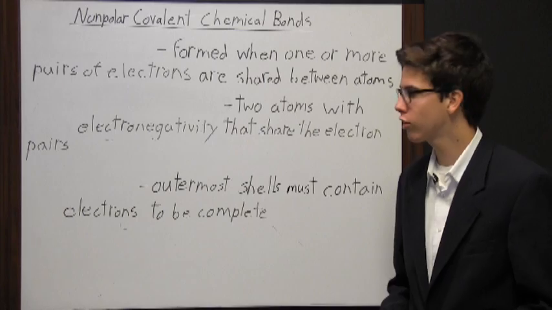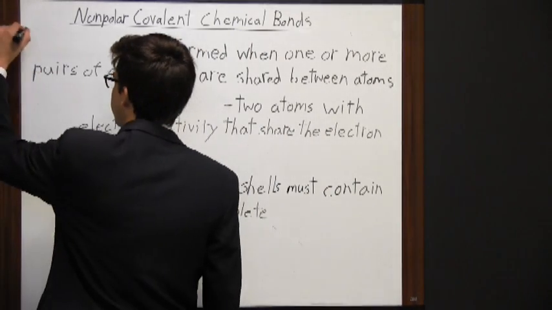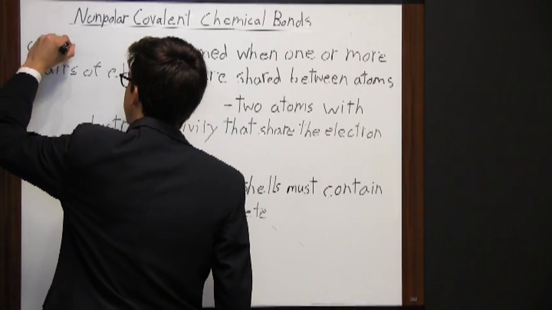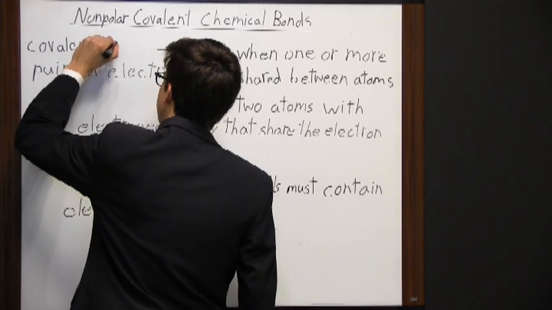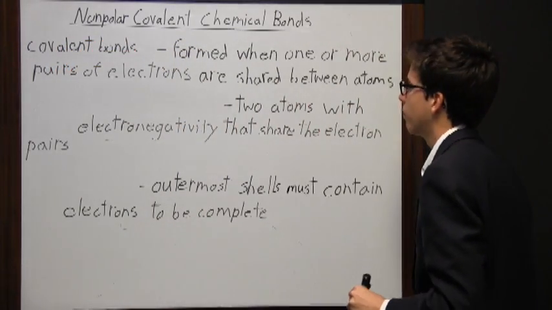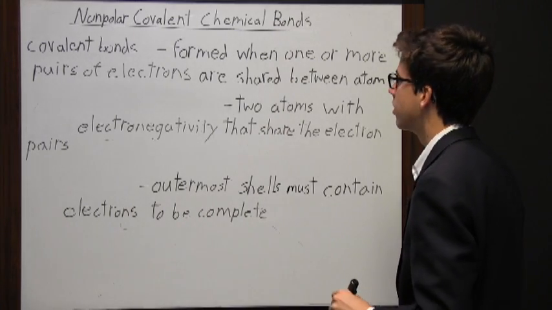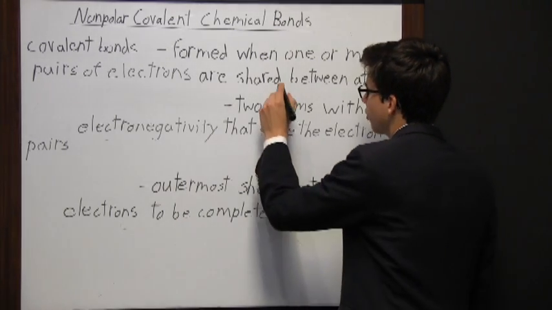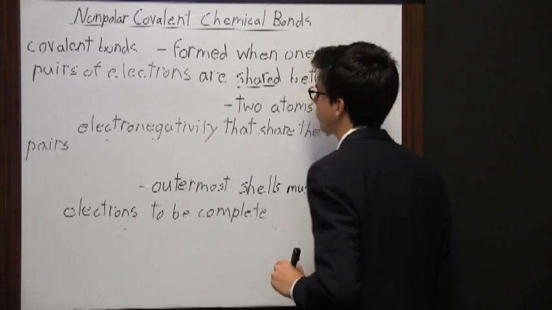In chemistry, we come across what we can call covalent bonds. These covalent bonds are formed when one or more pairs of electrons are shared between atoms. So the key word here is shared.